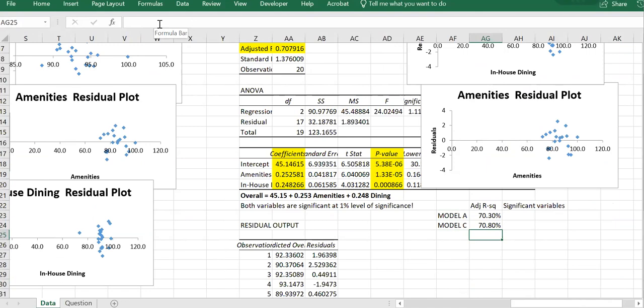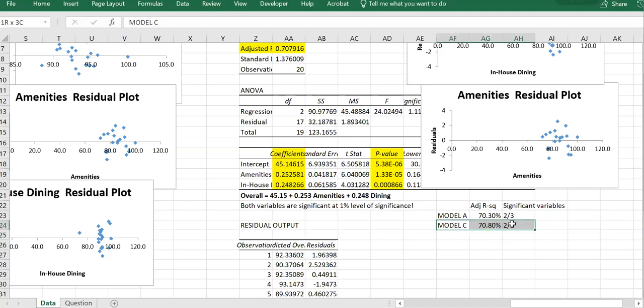The significant variables in model A, we just saw that 2 out of 3 are significant, and in model C, 2 out of 2 variables are significant. So obviously, the model that is simpler, all the variables here are significant, and it has slightly larger adjusted R squared.